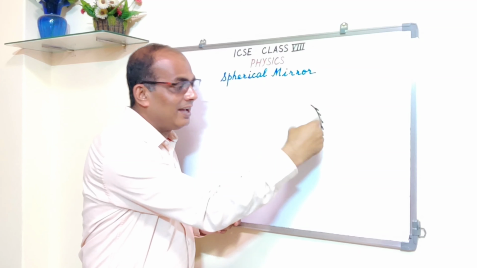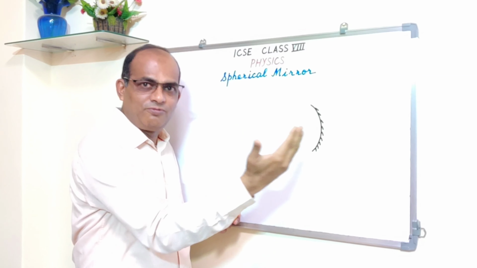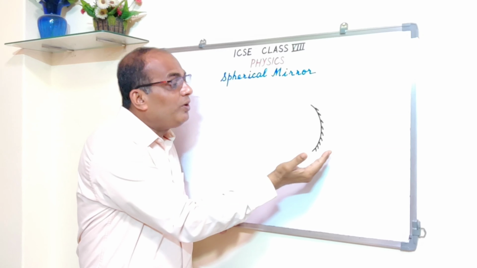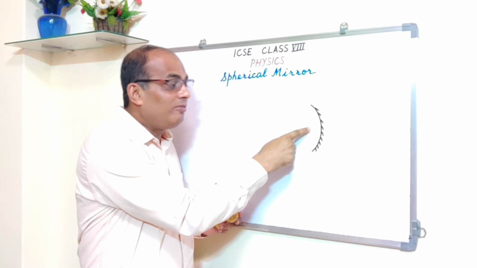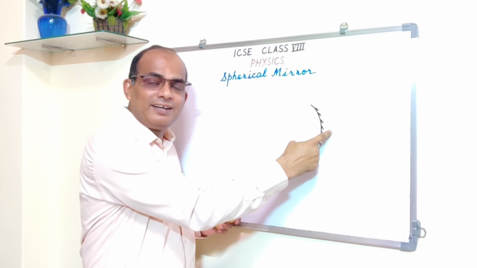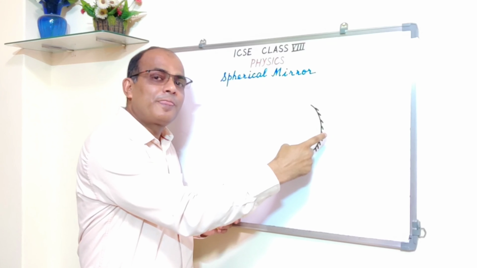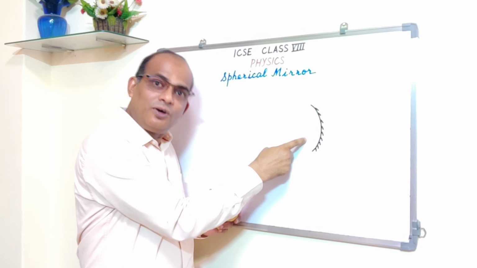The bulging side we have polished, and that is why it is a mirror, so that reflection should take place. If the reflecting surface is the bulging side, then that is called a convex mirror, and this is called a concave mirror.